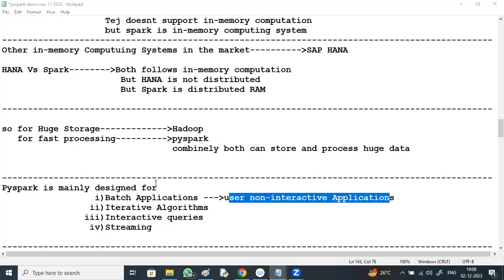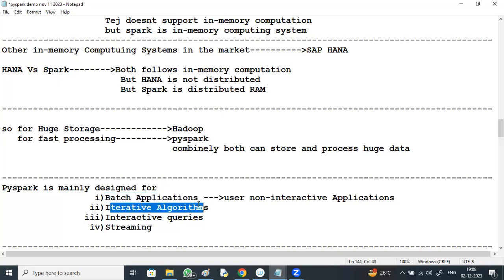So it's mainly designed for batch applications with millions and trillions of records, for iterative algorithms, for interactive queries, SQL queries, and for streaming.